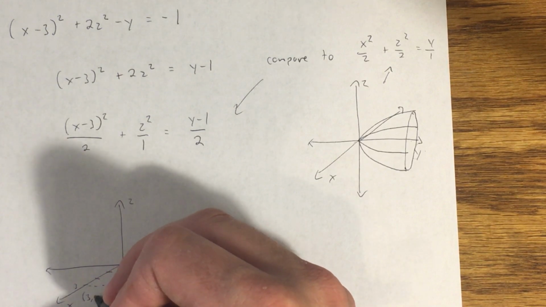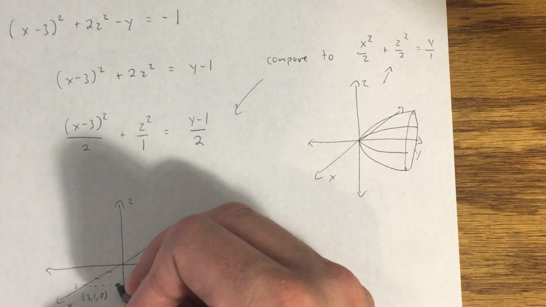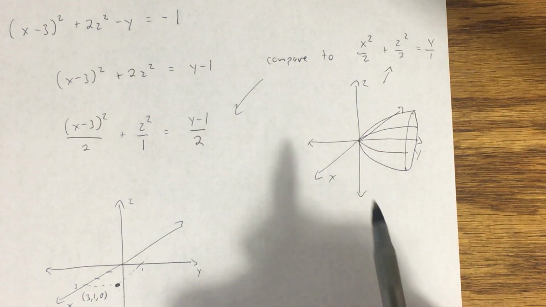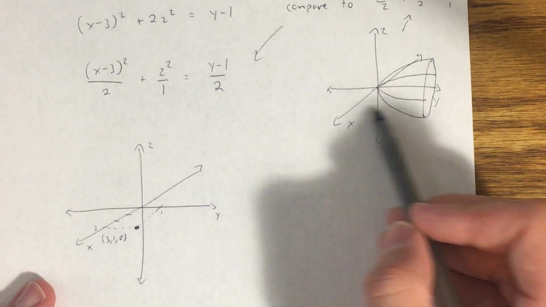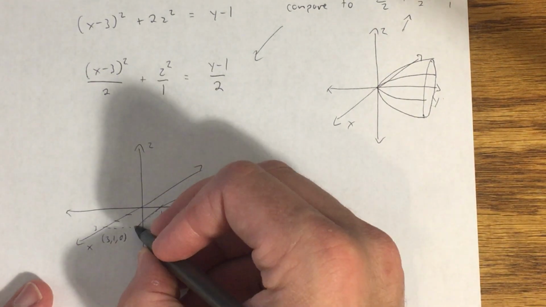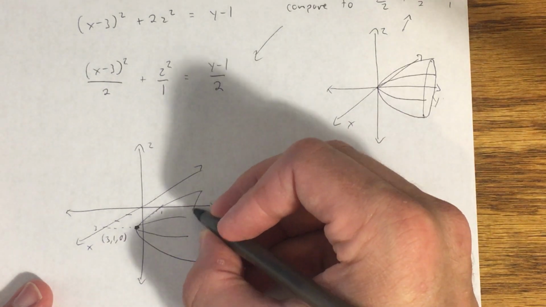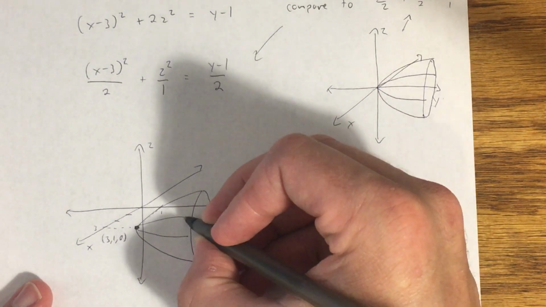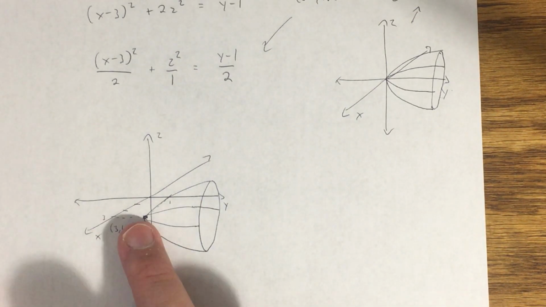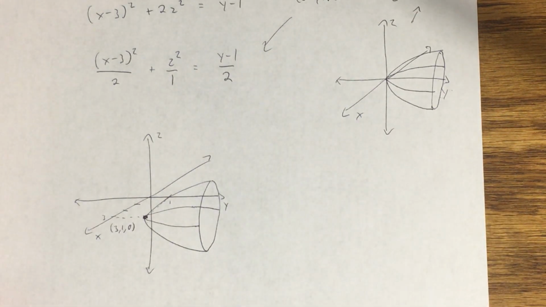This is the point (3, 1, 0) right here. That point is what happened to the vertex of my elliptic paraboloid. It was moved here. But aside from that, it's still going to open in essentially the same way. It's still going to look like this. So this is just a translated version of that surface.